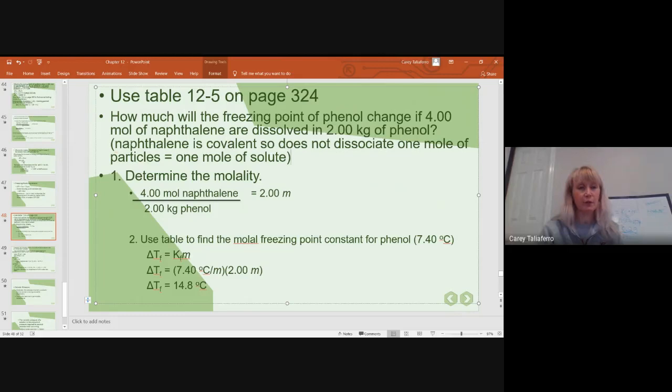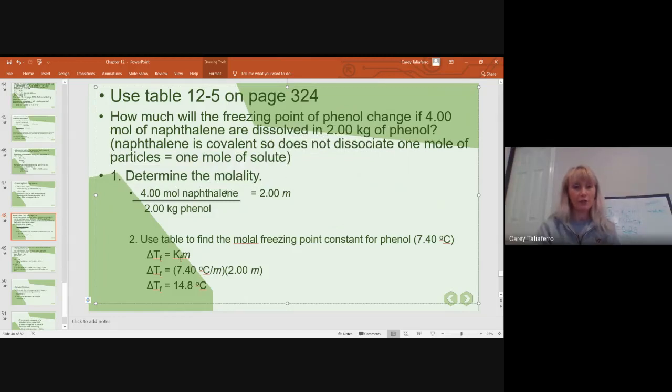So naphthalene is a covalent molecule, so you don't have to worry about it breaking apart like the ionic compounds do. So you don't have to worry about the ratios there, or about particle molality. You can just assume that 1 mole of the substance, in this case naphthalene, gives you 1 mole of particles. Okay, so you don't have to worry about that.